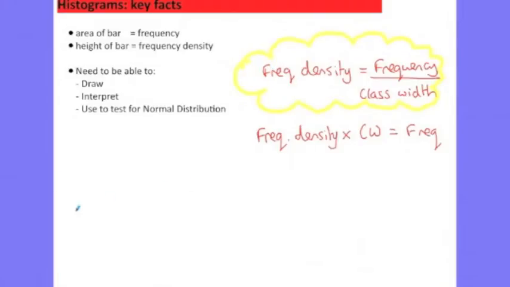If it is a normal distribution, we must have a symmetrical distribution, and 95% of the distribution needs to be within 2 standard deviations of the mean.